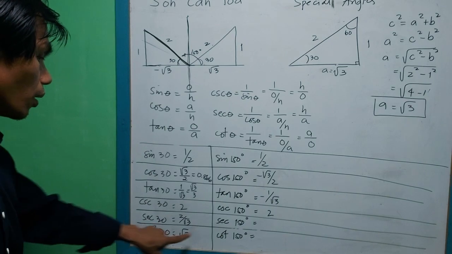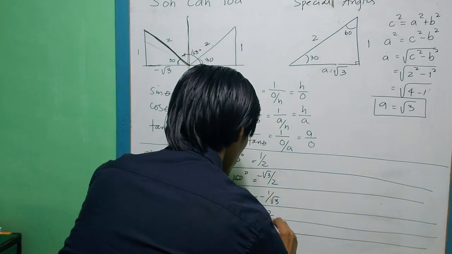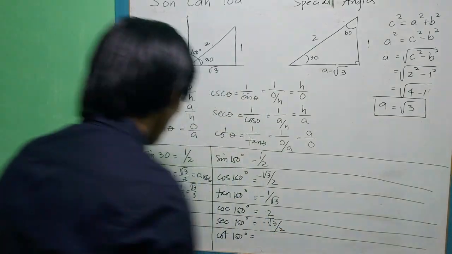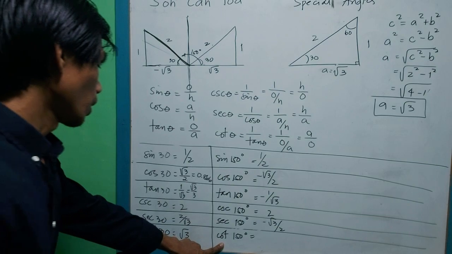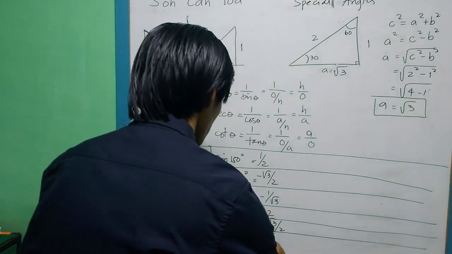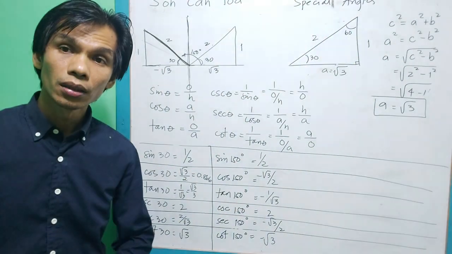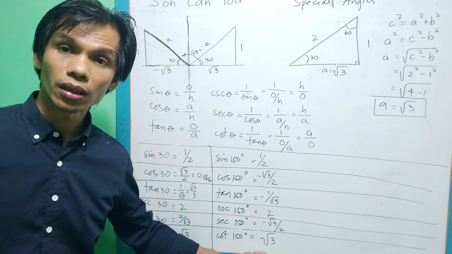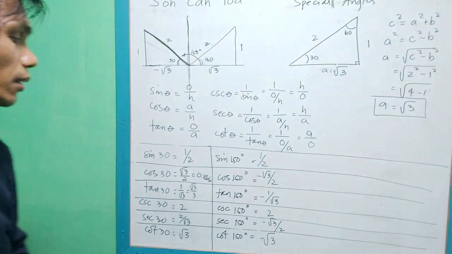Secant of 150, that is negative square root of 3 over 2. And then, cotangent of 150, that is negative square root of 3. Nakuha nyo? So, ganun lang.